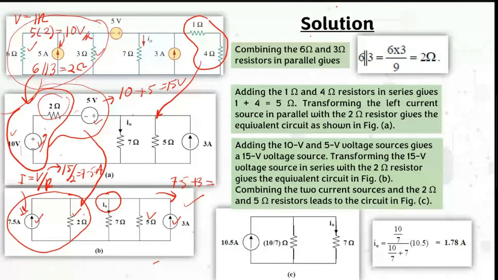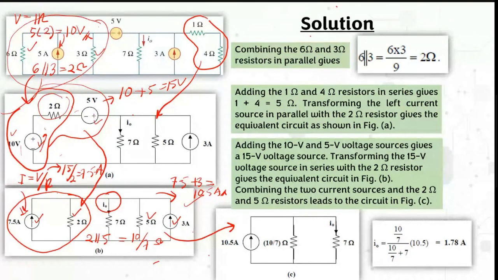So the total current is going to be 10.5 ampere. Then you combine 2 parallel with 5 so that you get 10 over 7 ohm. So when you redraw your circuit, you can get this circuit, where you have both current sources.